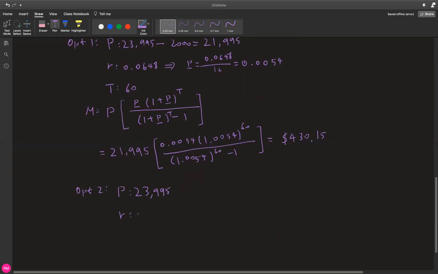It's 1.2%, so in this case it's 0.012. This implies that your monthly interest is 0.012 divided by 12, so that's 0.001. And the total number of payments is the same.